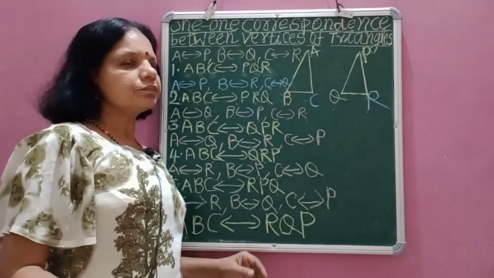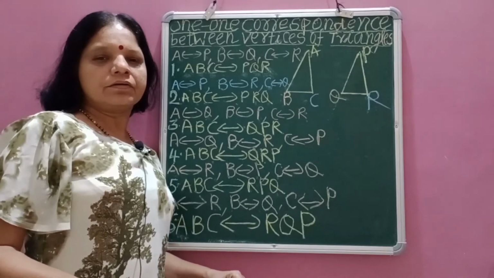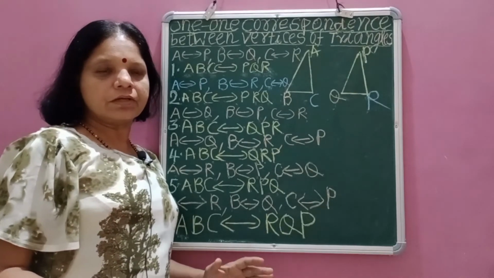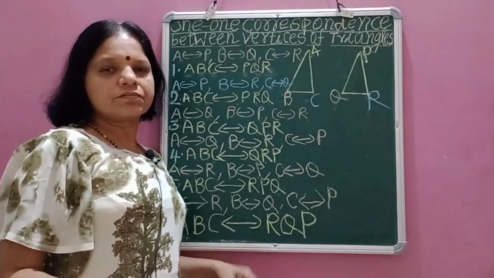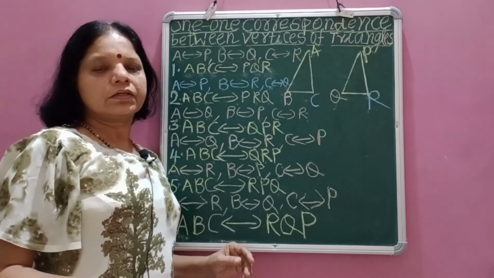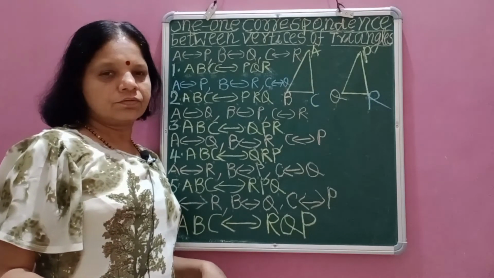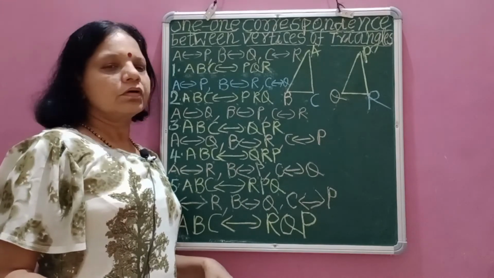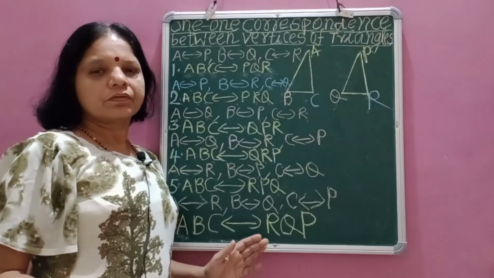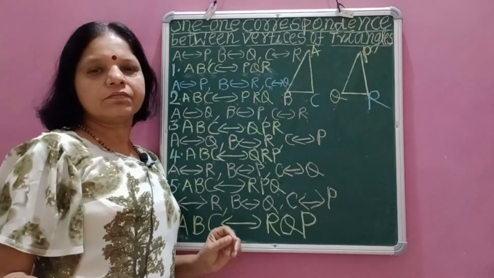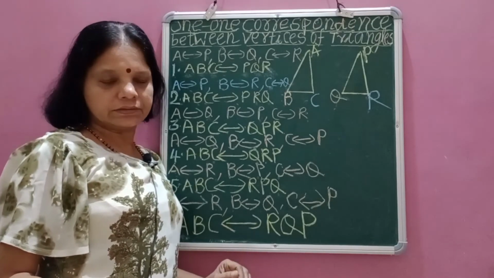More about similar triangles and their properties you can study in the next class. That is all I want to explain today, about the correspondence between vertices of two triangles.